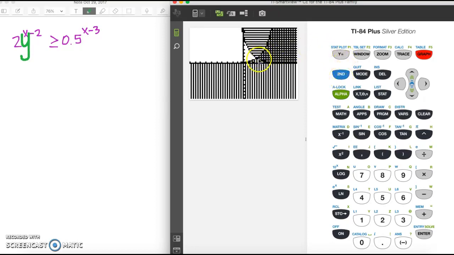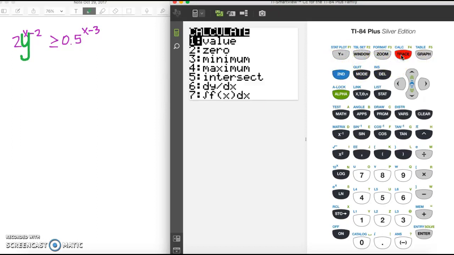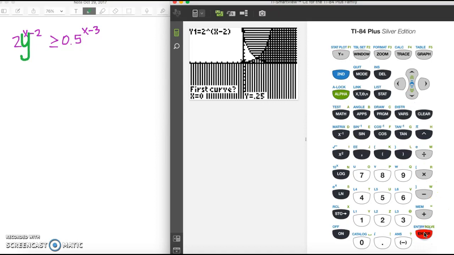To find that x value where they intersect, I'm going to go to second, Calc, just trace button, and go to number 5. Hit enter. First curve, see my blinky cursor? It's right there. That looks good. If I'm not exactly sure what curve it's on, I can move it over, but I think it's on this first curve, 2 to the x minus 2.